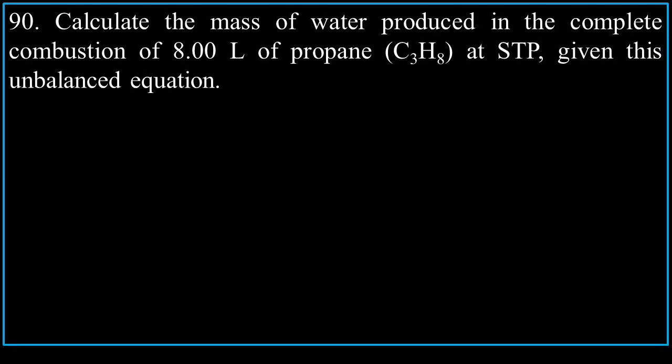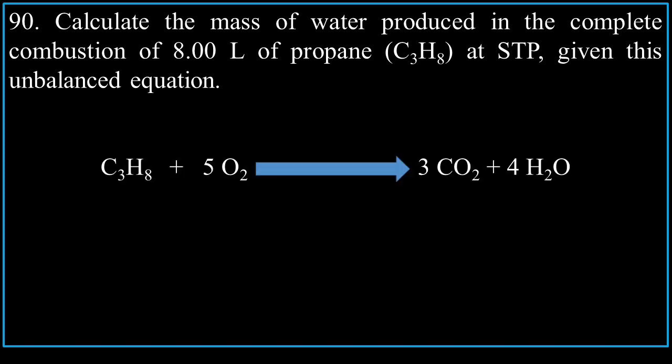Calculate the mass of water produced in the complete combustion of 8 liters of propane at STP given this unbalanced equation. Well, I will have balanced the equation already, so that's the balanced equation. I'll put my stoichiometric masses in there. And I know that if I begin with 8 liters of propane and the mole ratio is 1 to 4, I'm putting in the stoichiometric masses, so let that happen.